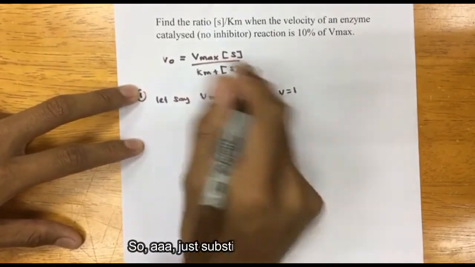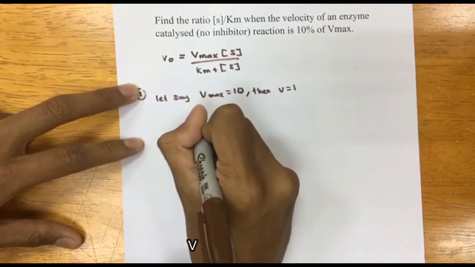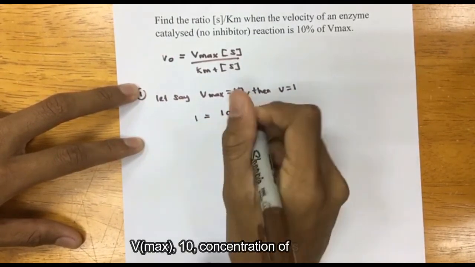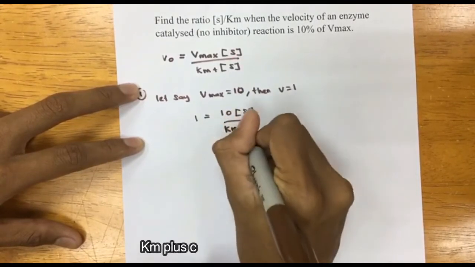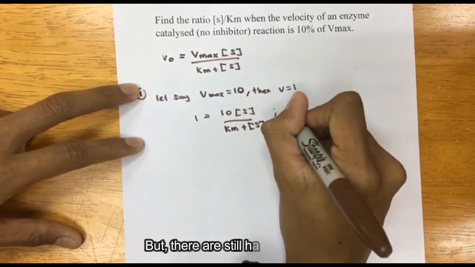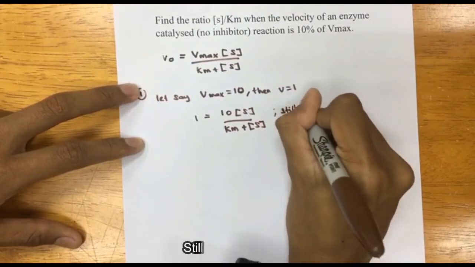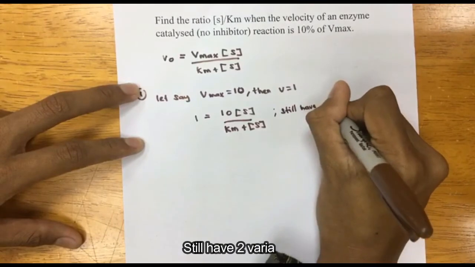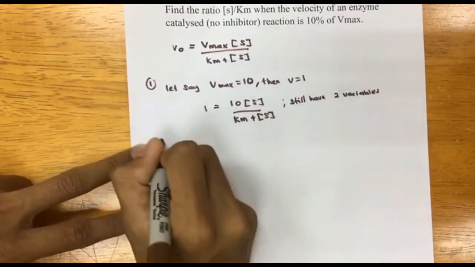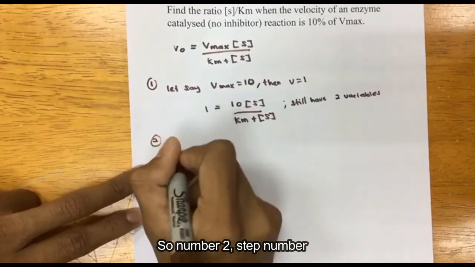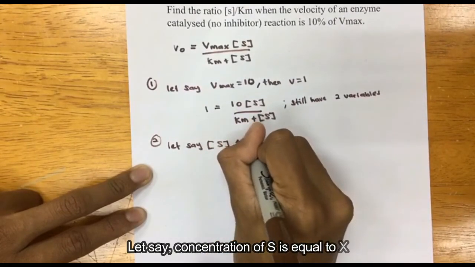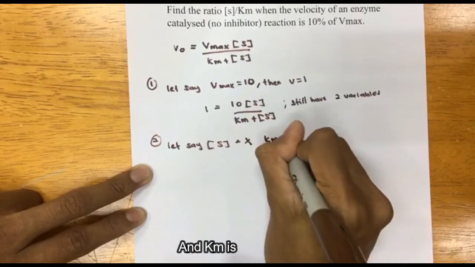So just substitute into this formula. V is 1, Vmax 10, concentration of substrate over Km plus concentration of substrate, but we still have two variables. So step number 2, let's say concentration of S is equal to x and Km is equal to y.